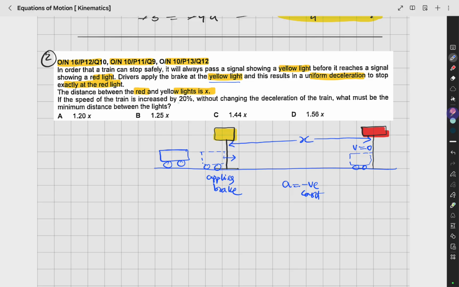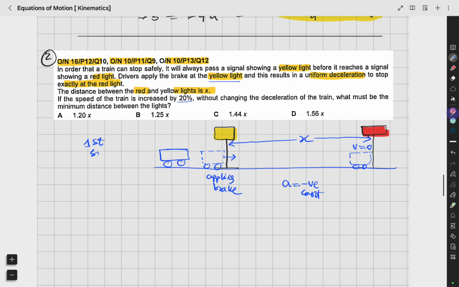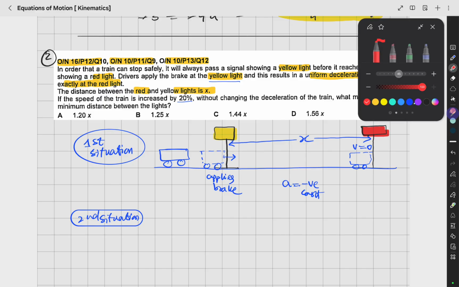If the speed of the train is increased, now they're putting you in a second situation. This was your first situation, right? Now they're putting you in a second situation, because a complex question always involves two situations. Now the second situation is this one.